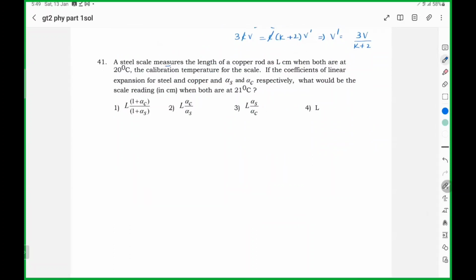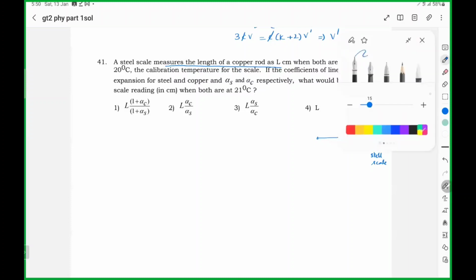Here a steel scale measures a copper rod of length L. Here it is a copper rod, measured with the steel scale at 20 degree centigrade. Only for understanding purposes I am taking some numbers.